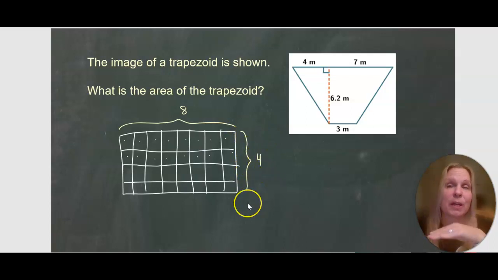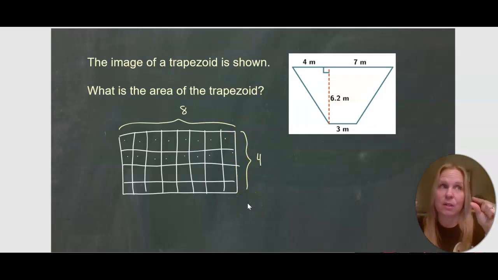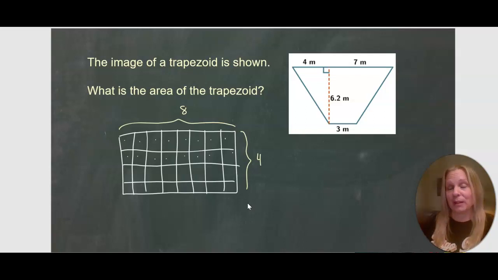So if I multiply 8 squares in each row times the number of rows, in this case 4, I would get 32. Now, we could sit here and count 32 squares, but it's quicker to just know how many are in each row and then how many rows we have, right? So that's why we multiply.